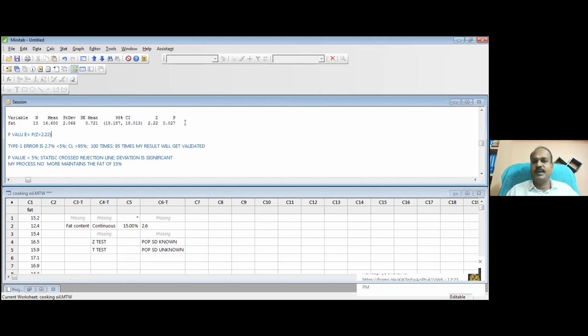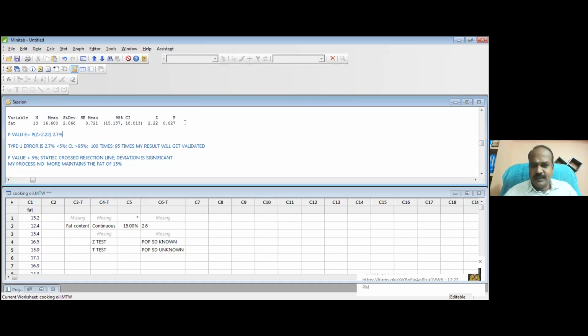What you observed is 2.22. But how much chance is there for Z to go above 2.22? Only 2.7%. See, for anything that is happening, there is a probability. Am I right? And the probability for Z to become 2.22 and above is 2.7%.